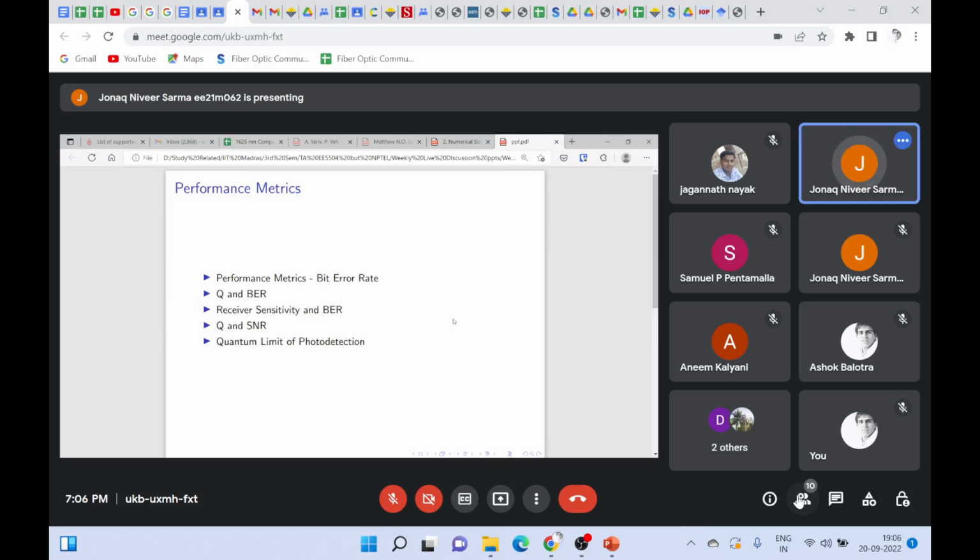Then we introduced concepts like quality factor and how we make decisions whether we have detected a 1 bit or a 0 bit.